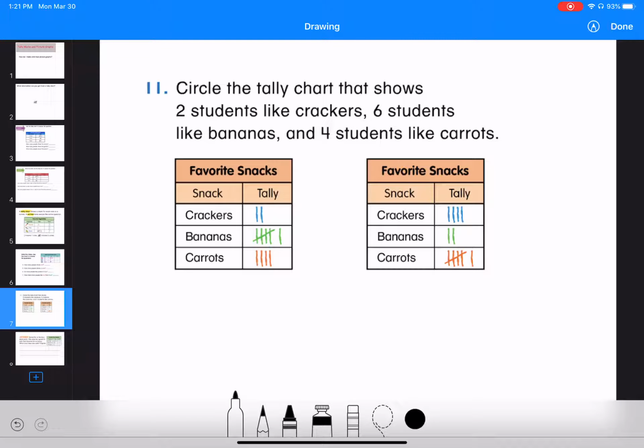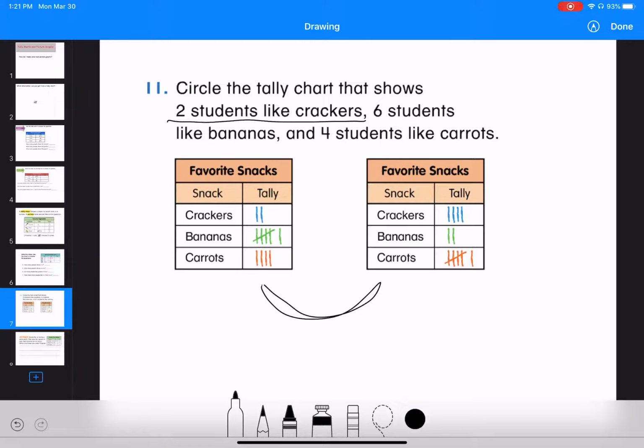Okay, now let's look at this question. It says, circle the tally chart that shows 2 students like crackers, 6 students like bananas, and 4 students like carrots. Which one of these graphs is showing that information? You have to be very good detectives when looking at this. What I do is I look at the first one they said. 2 students like crackers.